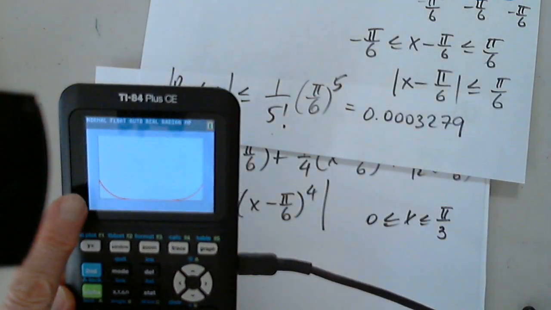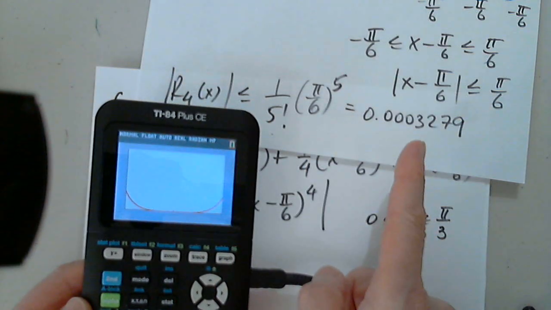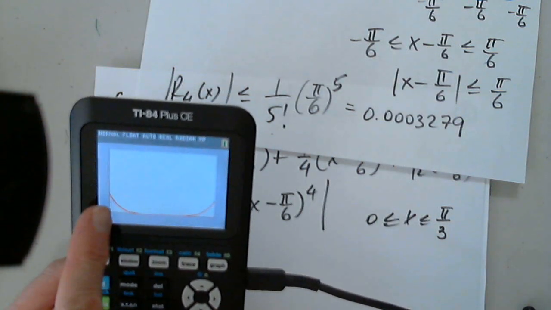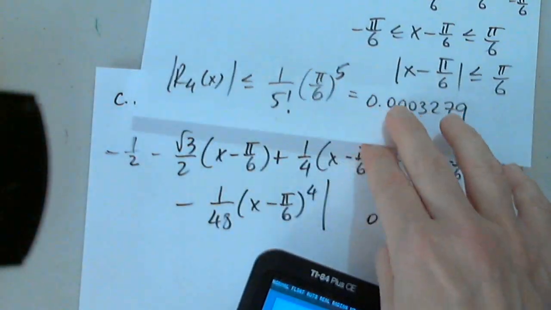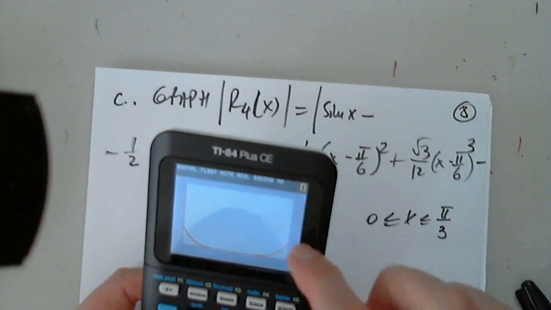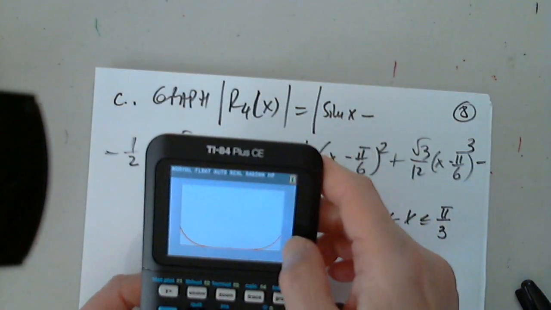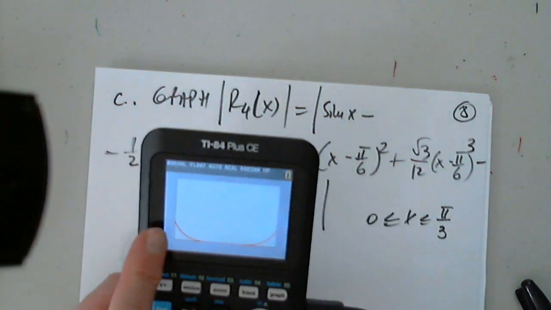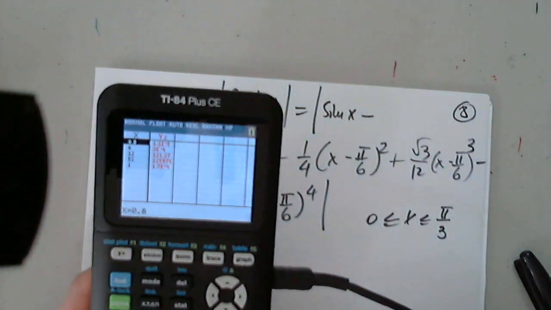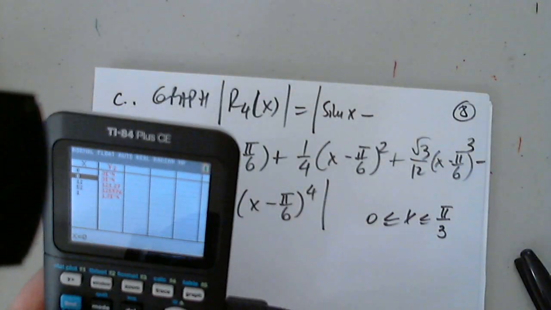Again, it appears that at 0, the remainder R4 is the smallest. We can check at both ends just to make sure, but it appears that it's the smallest here. So let's put 0, and let's also put pi over 3, and let's see what happens.